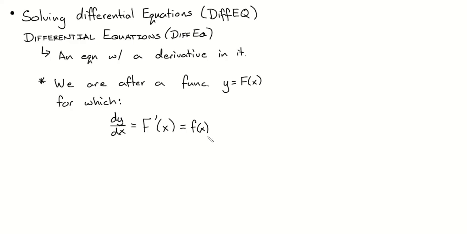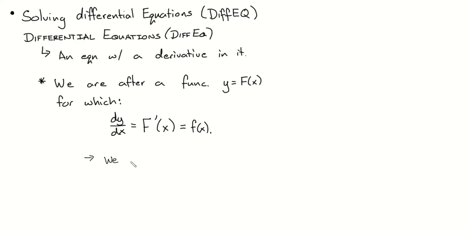Now, more specifically, if this is kind of gross, a little follow-up for this is essentially we want a function who has this as the derivative. That's it. Do I need to write that part down? Okay.